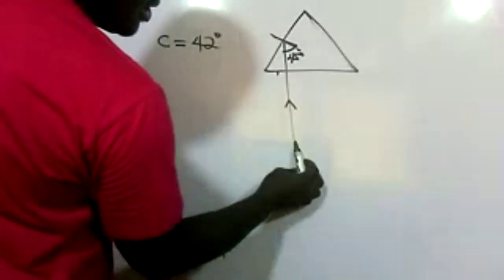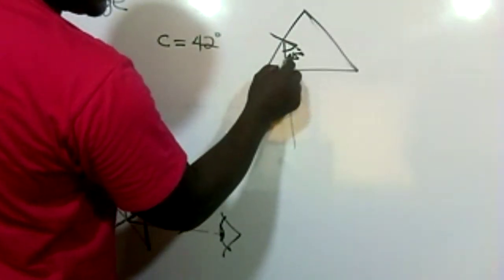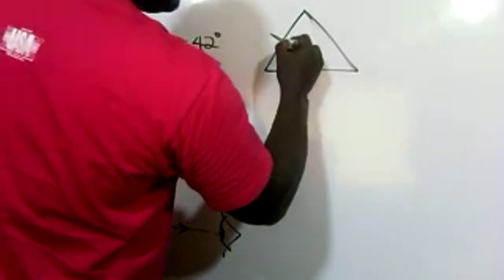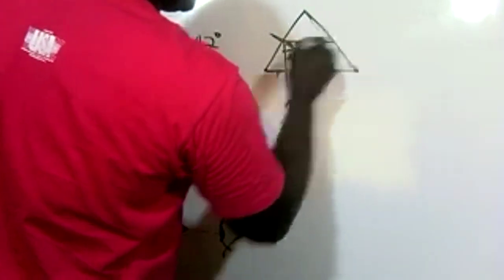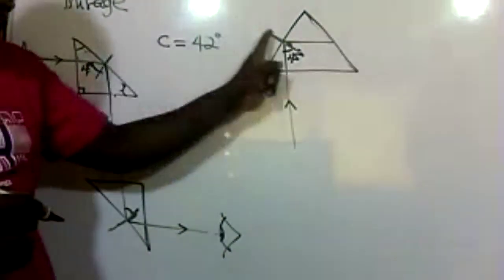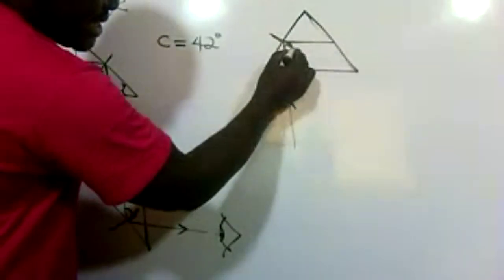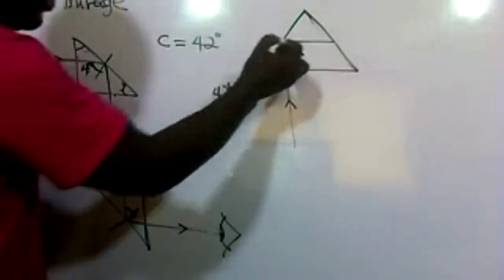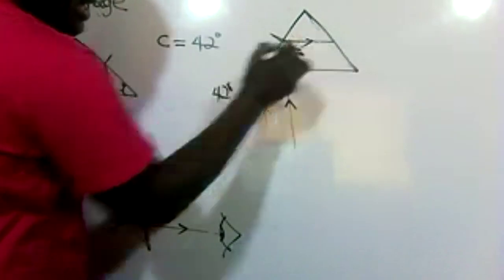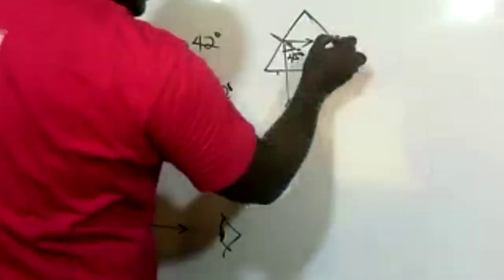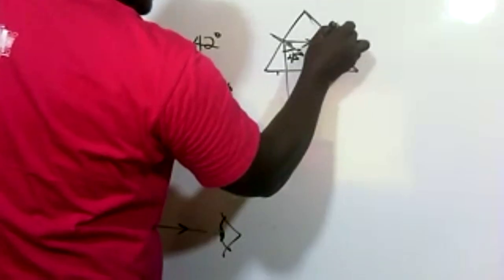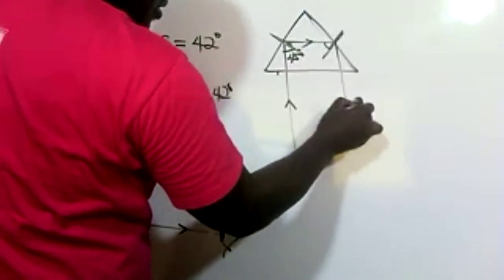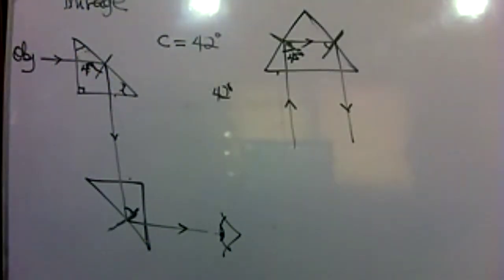Once the angle of incidence within is greater than the critical angle, the light is internally reflected. So instead of coming out of the prism, because the light is hitting it at an angle greater than its critical angle of 42, it will be internally reflected like this. When it hits this other end, because it is also hitting this end at 45, this is how the binoculars also behave.